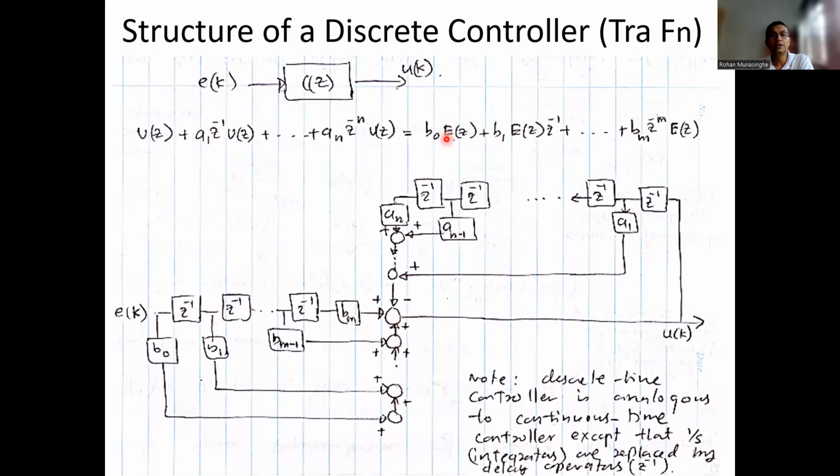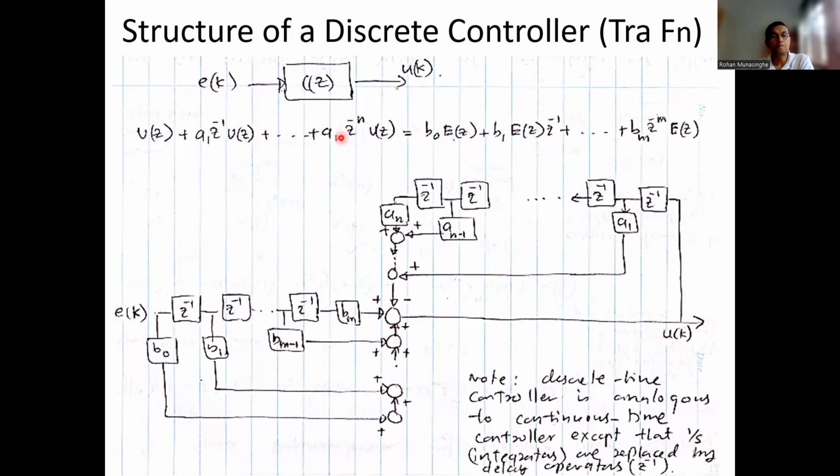And on the right-hand side, in fact, right-hand side is on the left here, which is the input side, and the left-hand side, which is actually the response or output from the controller, is on the right-hand side here in the structure.